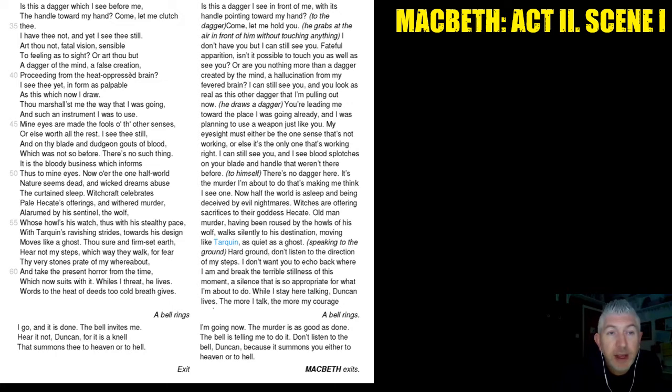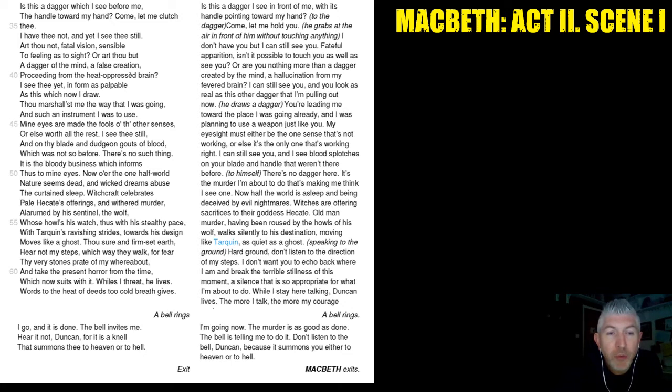I see thee yet in form as palpable as this which now I draw. Thou marshallest me the way that I was going, and such an instrument I was to use. My eyes are made the fool of the other senses, or else worth all the rest. I see thee still, and on thy blade and dudgeon gouts of blood, which was not so before. There's no such thing. It is the bloody business which informs thus to mine eyes.